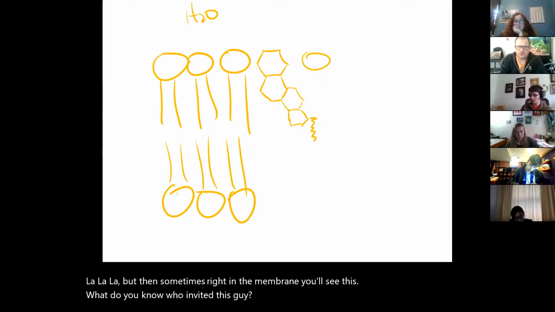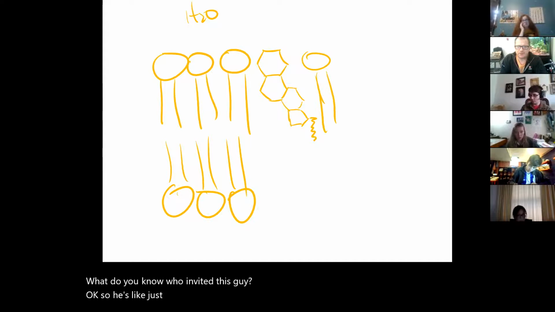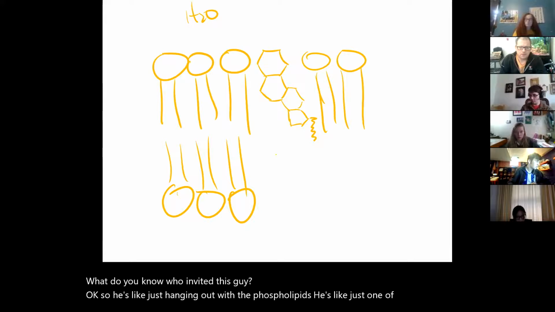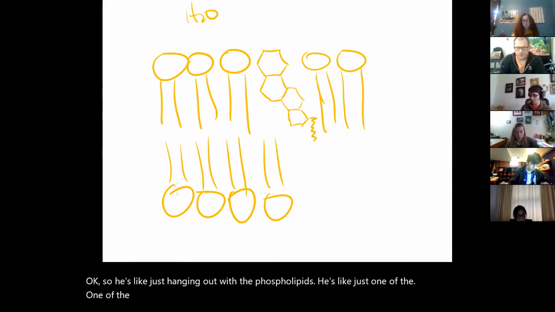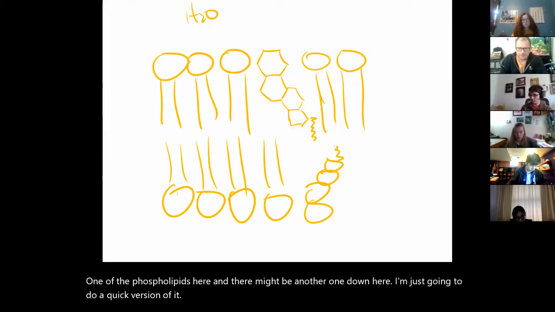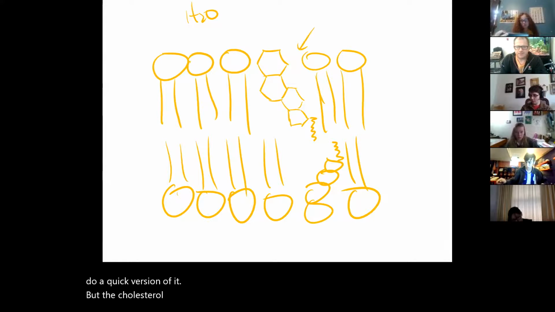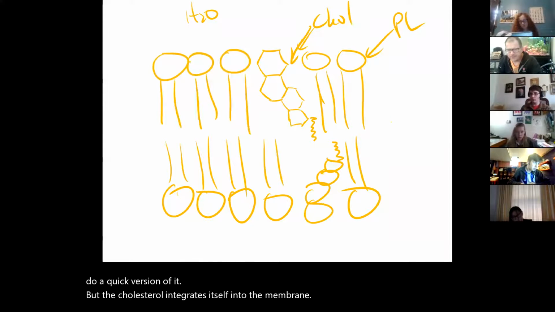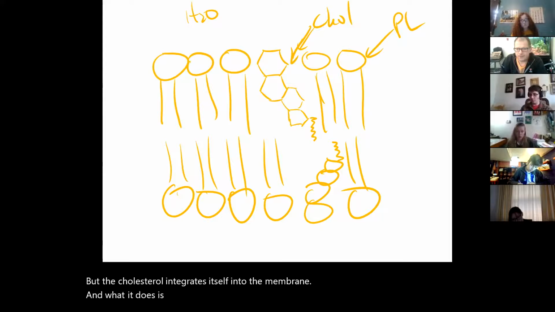He's just hanging out with the phospholipids, like he's just one of them, and there might be another one down here. I'm just going to do a quick version of it. But the cholesterol integrates itself into the membrane, and what it does is it stabilizes the membrane.